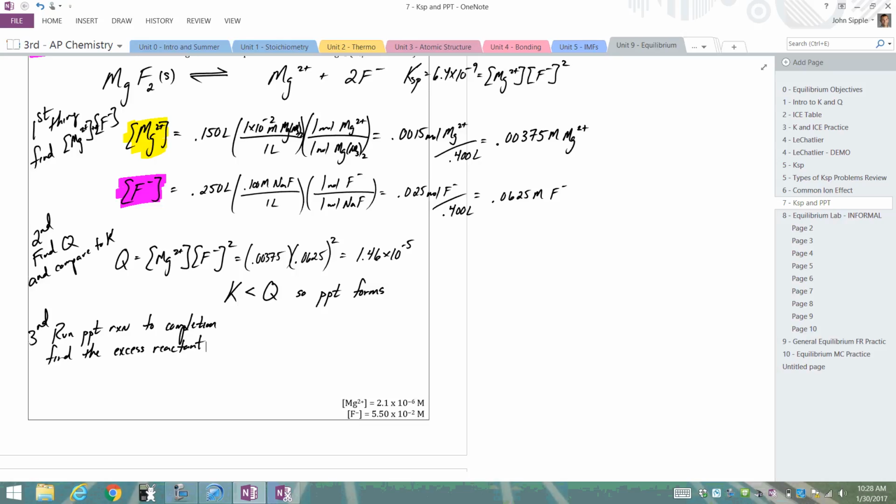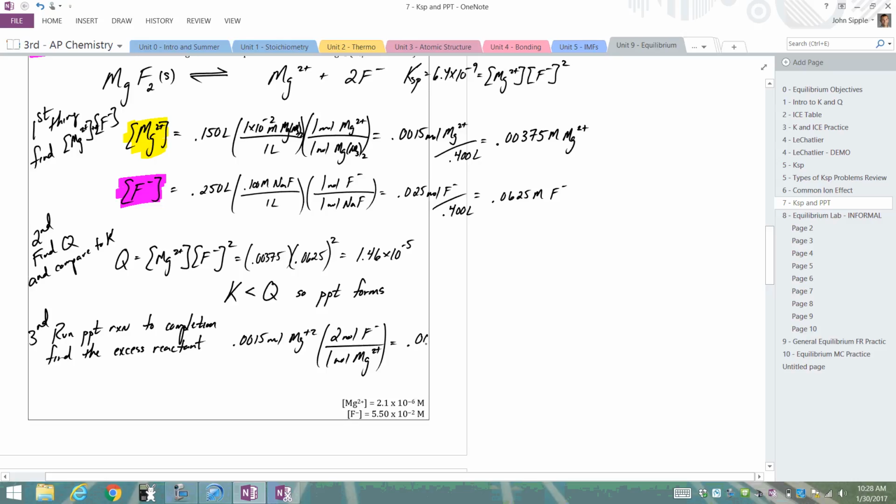Twice as much, right? Okay, so we can just set that up. You can kind of see which one's the limiting reactant already, right? So if we take 0.0015 moles of magnesium, we just use our mole ratio: two moles of fluoride will react for every 1 mole of magnesium.